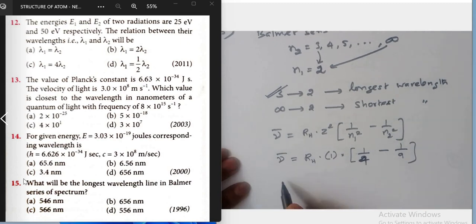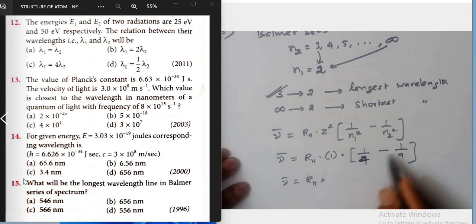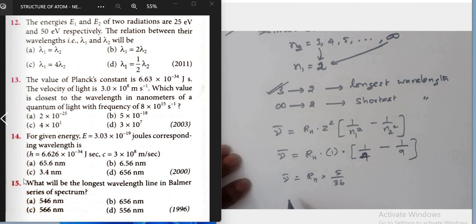So nu bar equal to RH into, if I take the LCM, 9 minus 4, that is 5 by 36. We want the wavelength.